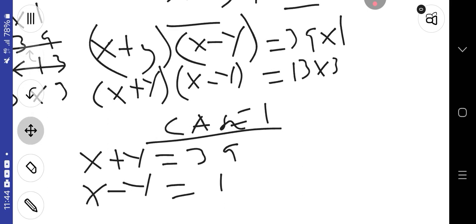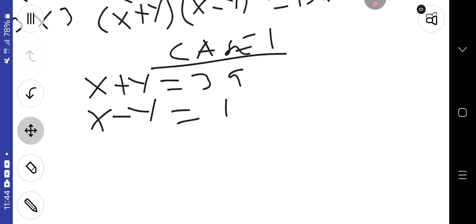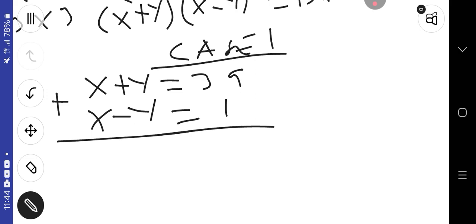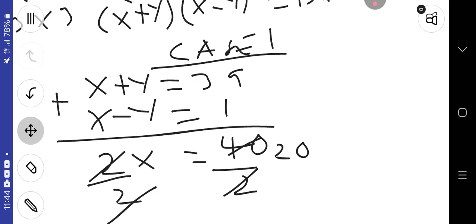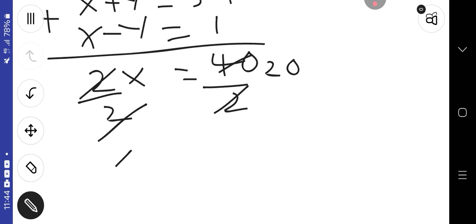All right, now let's solve this. So we are going to add these two equations. So you're going to have 2x is equal to 40. So you divide here by 2, here by 2. So x is equal to 20.